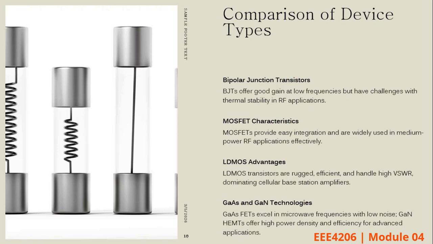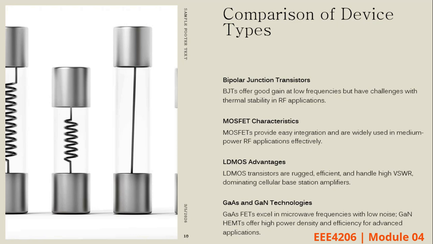And also we have GaAs, gallium arsenide, and also gallium nitride technologies. And these are advanced technologies, especially as they use field effect transistors, the FETs. The other one uses the MOS, and this one uses the FET. And these are for high frequencies, and they offer high power density and also good efficiency for advanced applications.